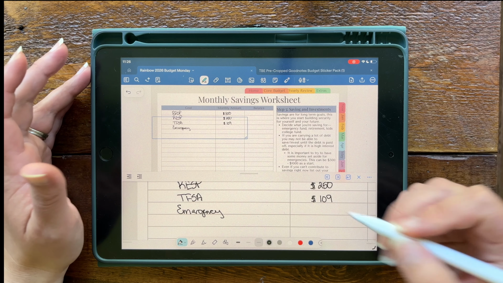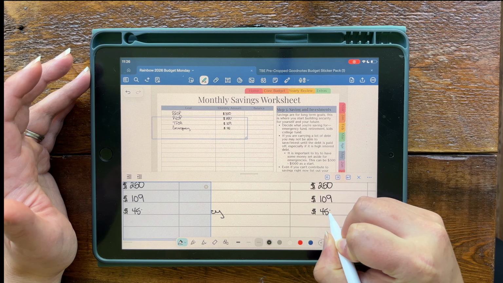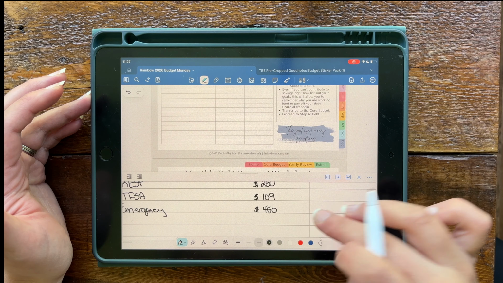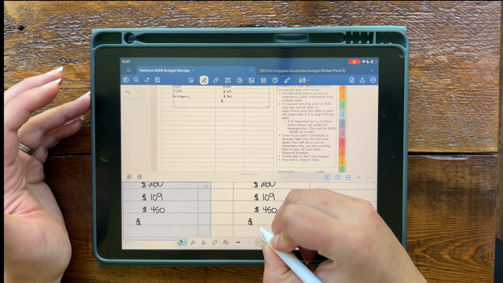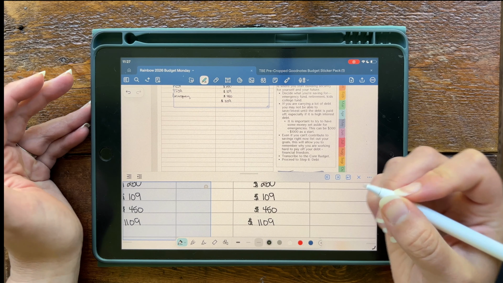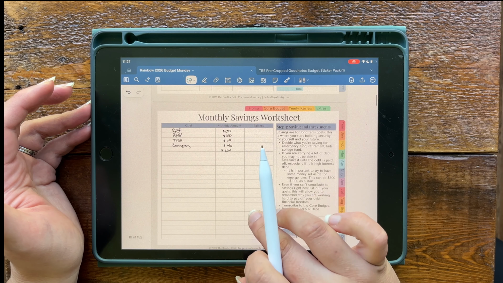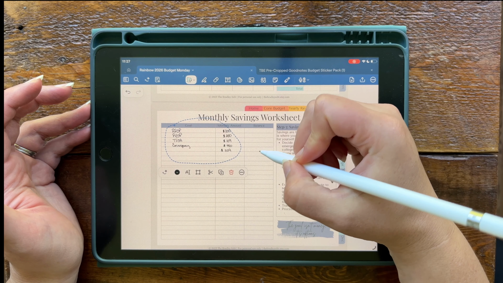And so in here for this budget, we're going to put $450 a month to go into the emergency fund. No total amount, but our total is going to be $1109 for our savings. So now let's transcribe this over onto the core budget.